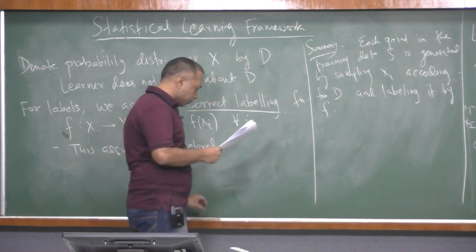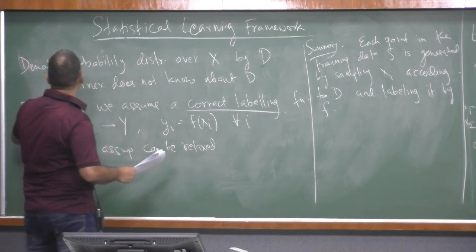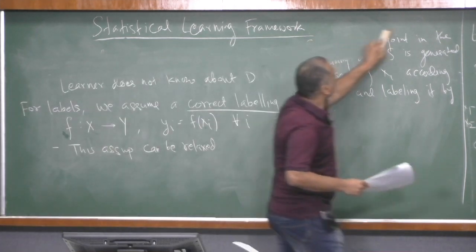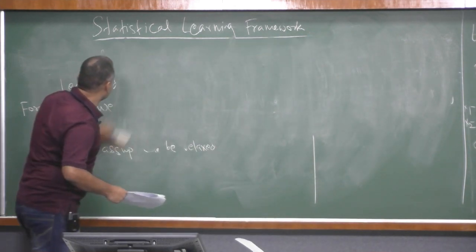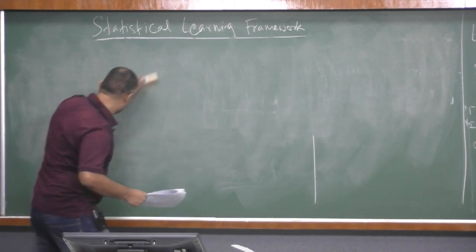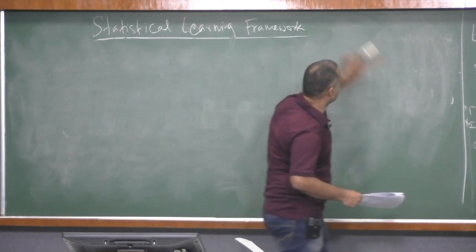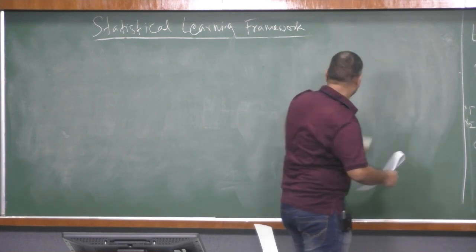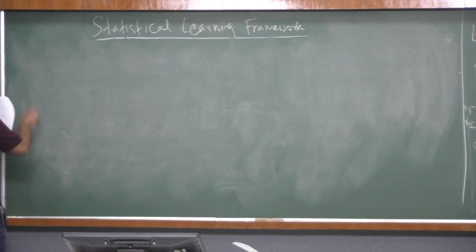So we need to define something called a measure of success. Let me define it here. This is the basic machine learning setup. These things everyone should know, but we will gradually move into more interesting, deeper ideas later on. So let us first discuss what a measure of success is.